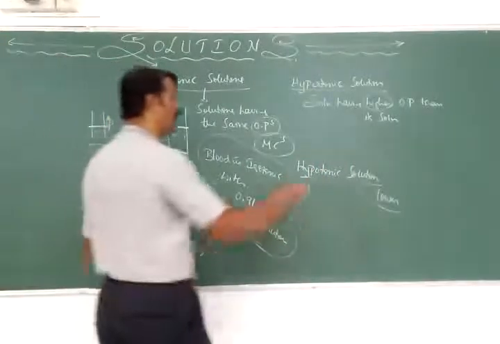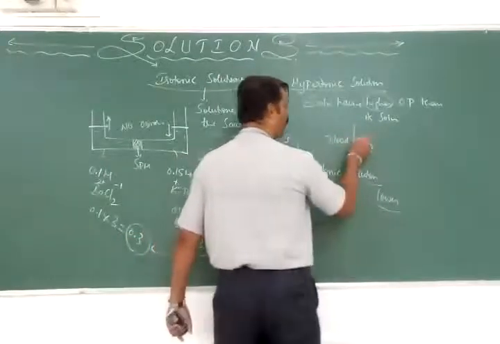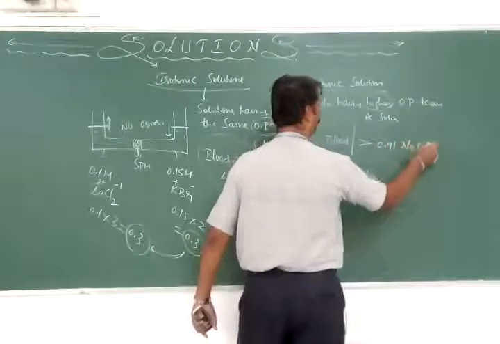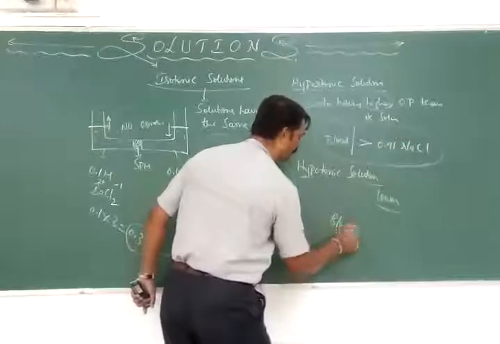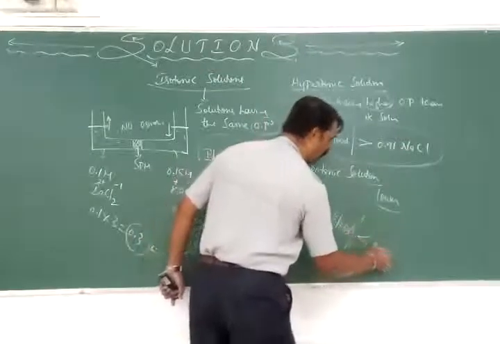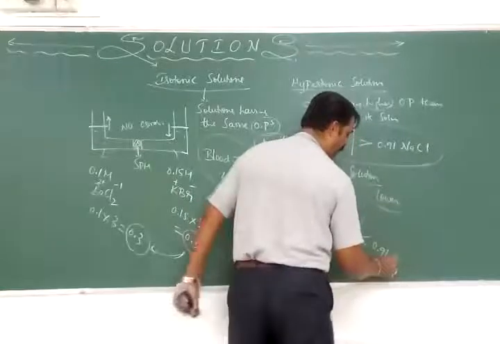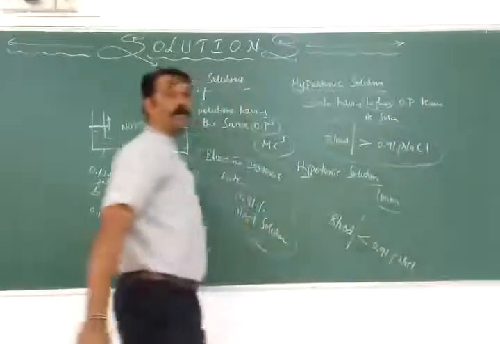So let us take blood placed in greater than 0.91% NaCl, and blood placed in less than 0.91% NaCl.